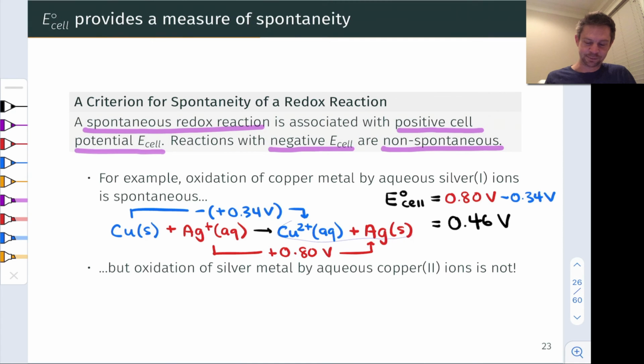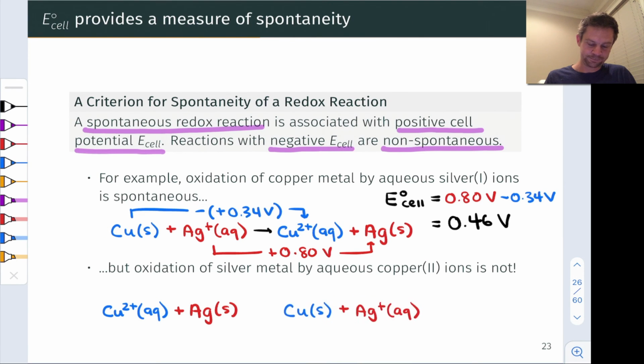If I take these products and make them the reactants, and I take the reactants and make them the products, I could go through the whole process of thinking through the half cell potentials and all that jazz, or I could just recognize that I have flipped the reaction, and E cell, because it's a state function, will have its sign flipped as a result, to conclude that the cell potential here would be negative 0.46 volts.